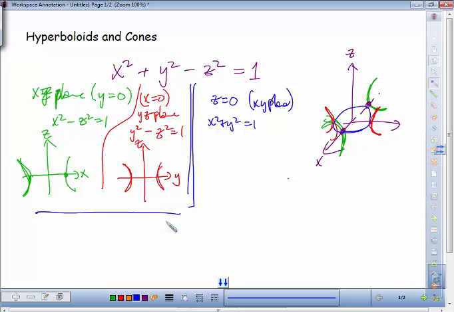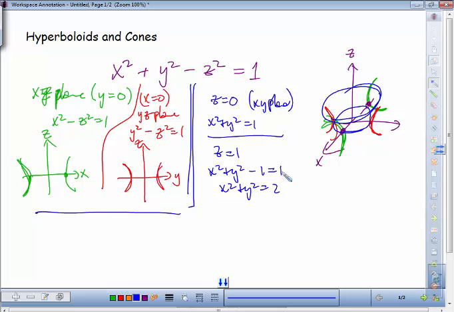Okay? And we'll try other levels, like when z is equal to positive 1. I have x squared plus y squared minus 1 equals 1. So that's x squared plus y squared equals 2. That would be a circle slightly larger than 1.